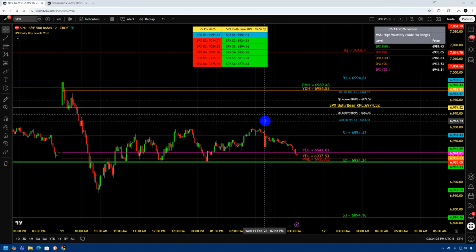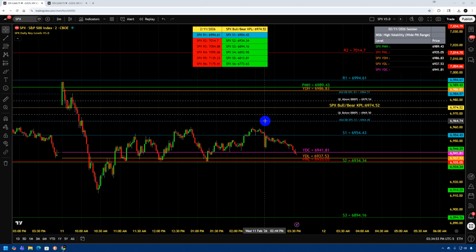So many people have asked us to make the indicator work on the XSP CBOE symbol, which is the mini SPX index, which trades at 1/10 the value of the main SPX index. And the reason for that is that it trades just like SPX, except it's 1/10 the value.